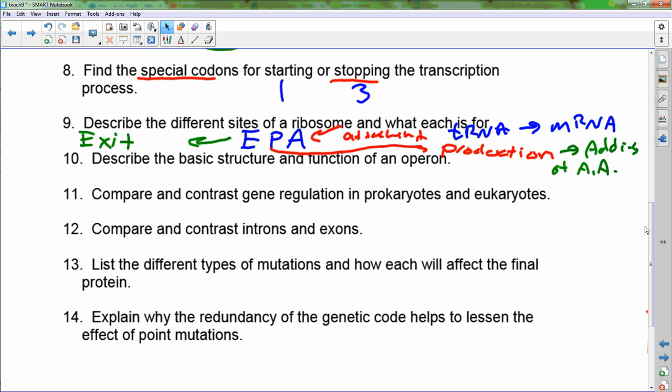Okay, that's a good question. In most diagrams where they show this happening, they're going to lay out the messenger RNA, the whole thing, right to left. You know what I'm saying?